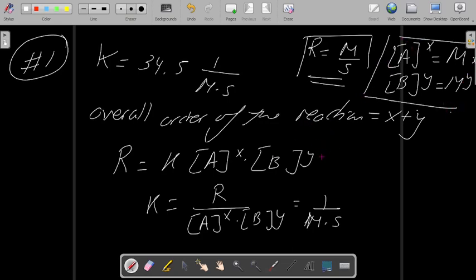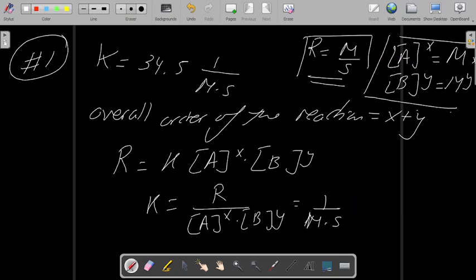Let's keep thinking a tiny bit more. So R was given to us, but for right now we don't need that. The value is not important. We have to focus on using these two to figure out what order X and Y this is. So what do we know?